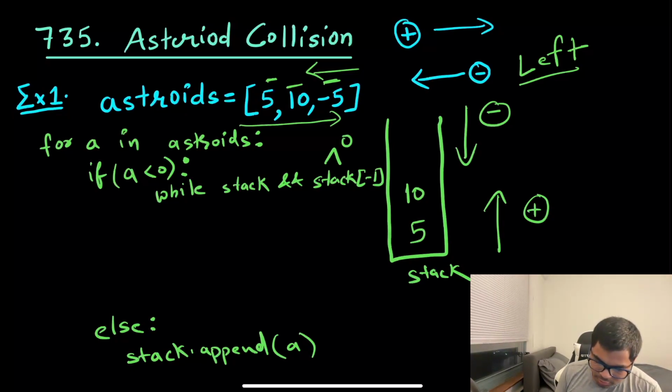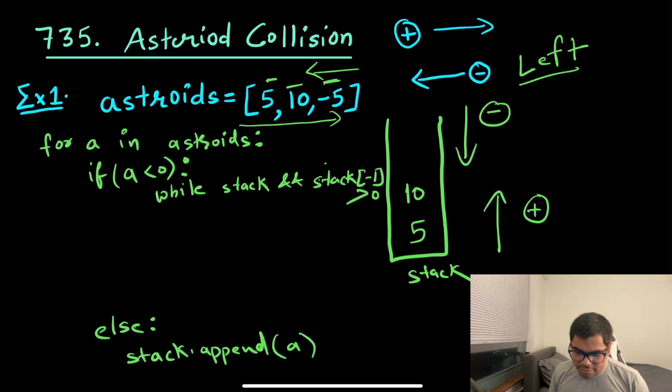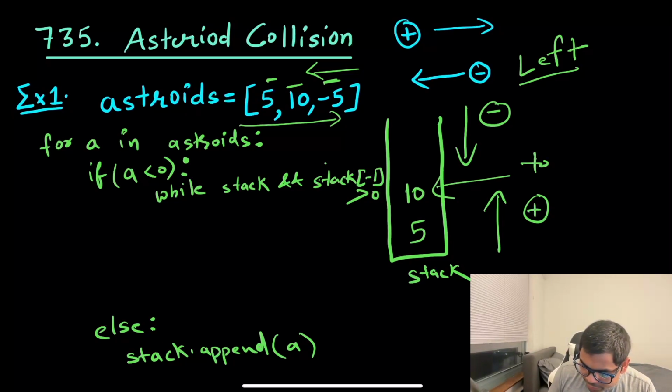Okay, I think maybe I should write it a little nicely. This is greater than 0. So what does that mean? That means I'm seeing a positive value on the top of my stack. If there is a positive value, there will be three cases.